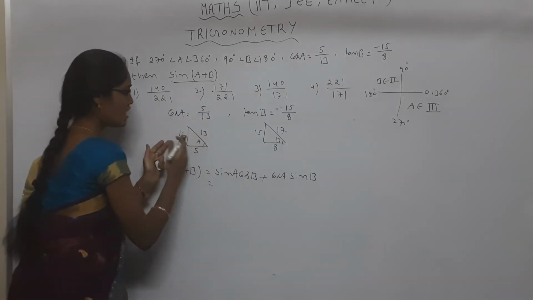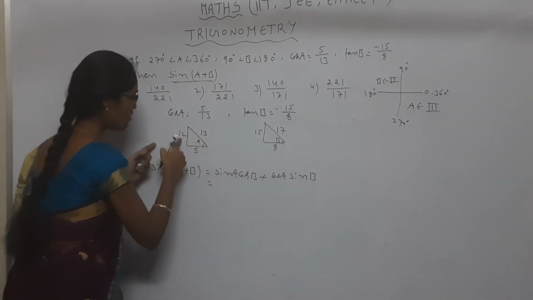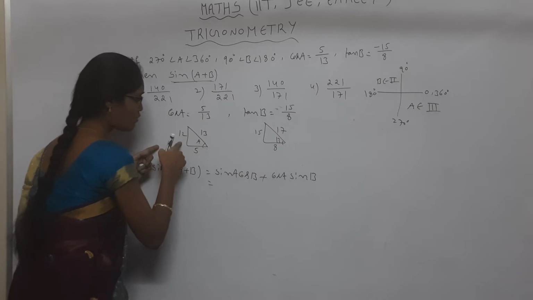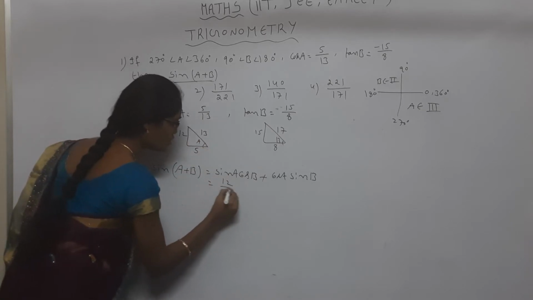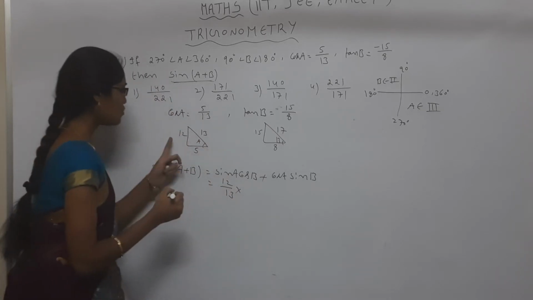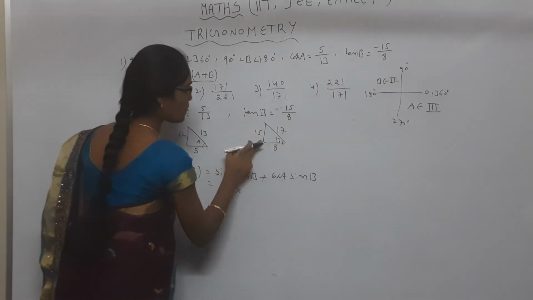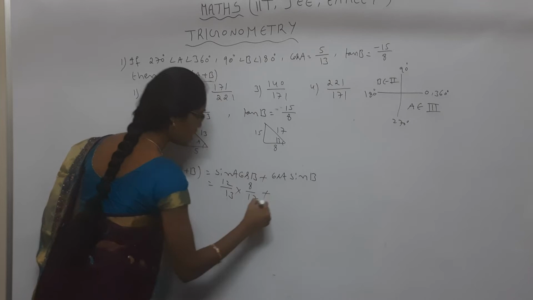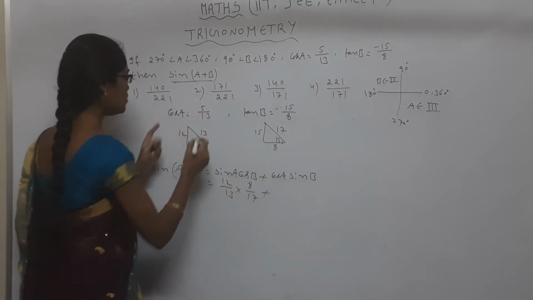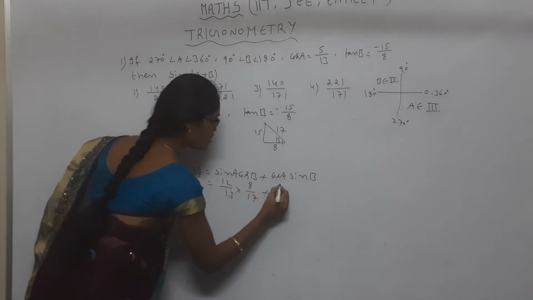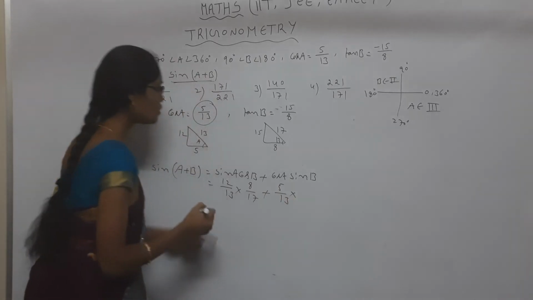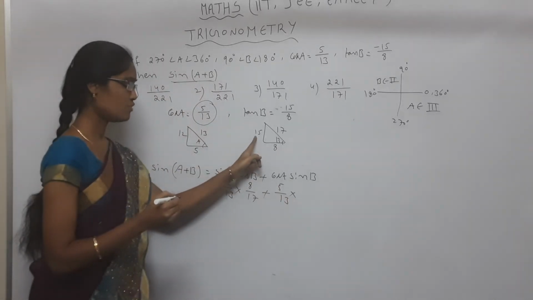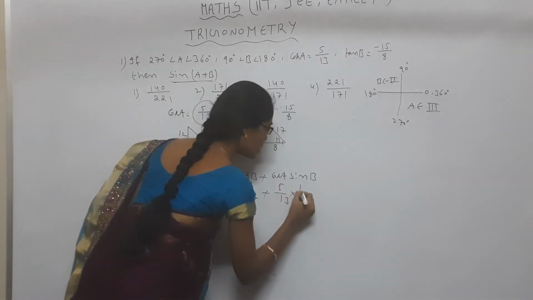So sin A is equal to opposite by hypotenuse, so 12 by 13, into cos B value, cos B is adjacent by hypotenuse, so 8 by 17, plus cos A value, already A value is there, so 5 by 13, into sin B value from here, 15 by 17.